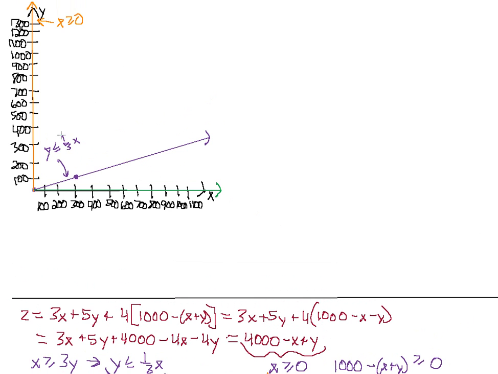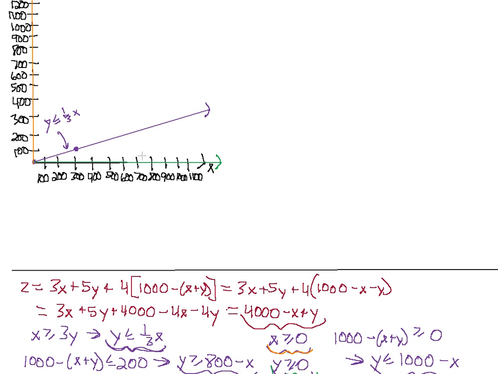We can't produce a negative amount of widgets A or a negative amount of widgets B. We either produce a positive number or we produce none. So I've used a little intuition. This actually makes perfect sense. This is the constraint y is greater than or equal to 0.